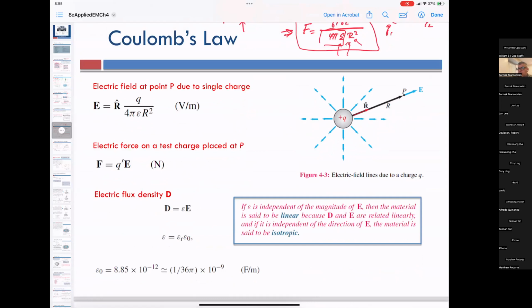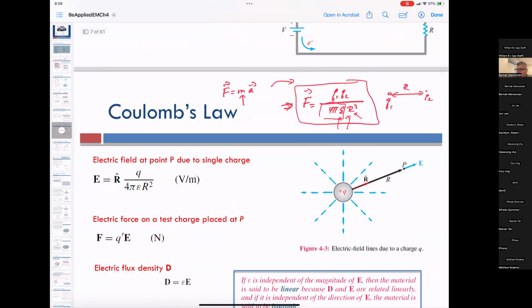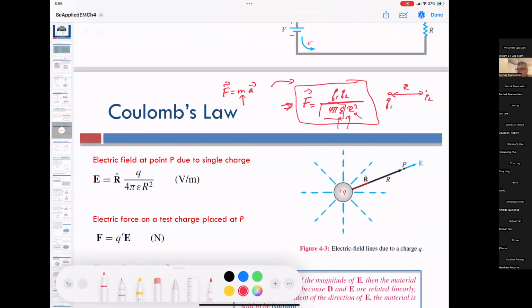Historically, this is very confusing to me. Hopefully, I'm not going to confuse you more by saying these things. This whole business of electric field, the meaning of force, electric field, and so on, always confused me. But basically, the thing that we as humans, experimentalists, can really measure is acceleration.